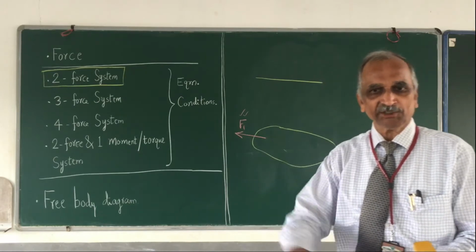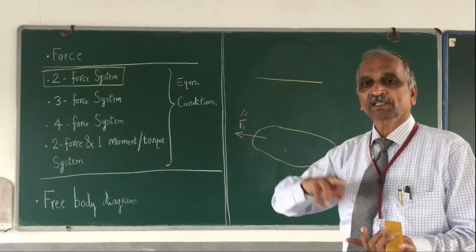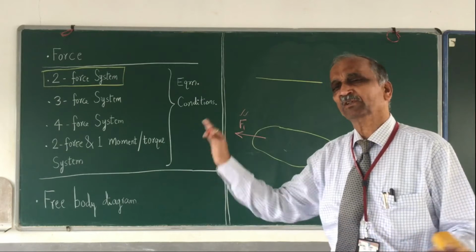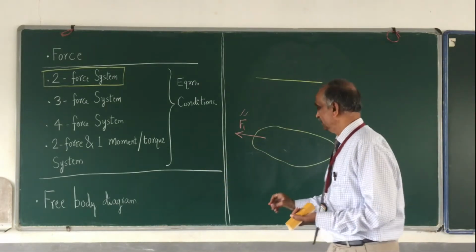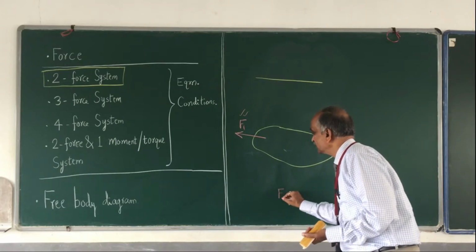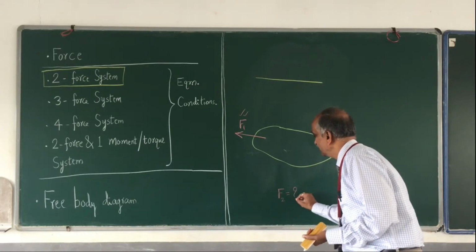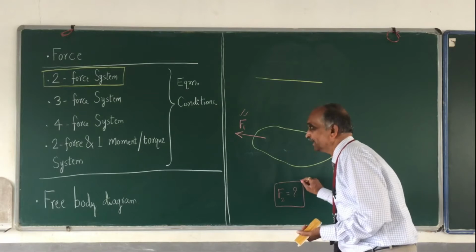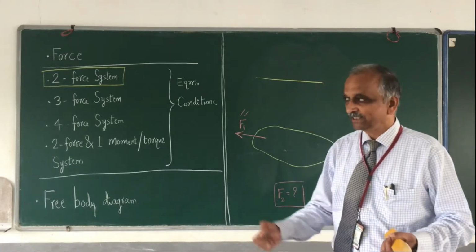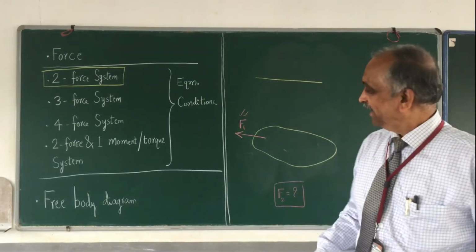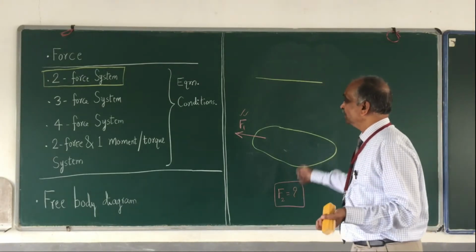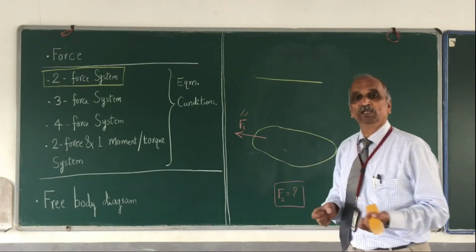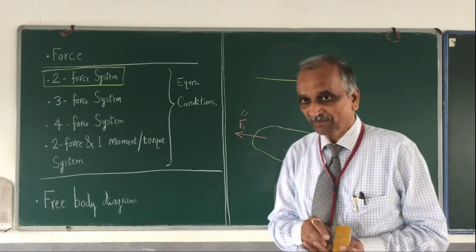Nothing is unknown. Therefore, this force is known completely. Now I have one more force I am going to apply on this, F2. I don't know its magnitude or its direction, but I want to find it so that this body remains in equilibrium state. That is my idea.